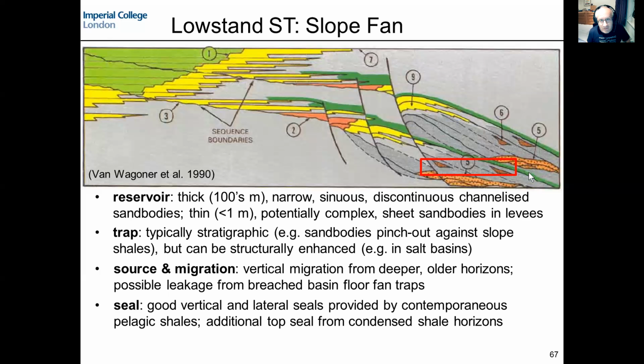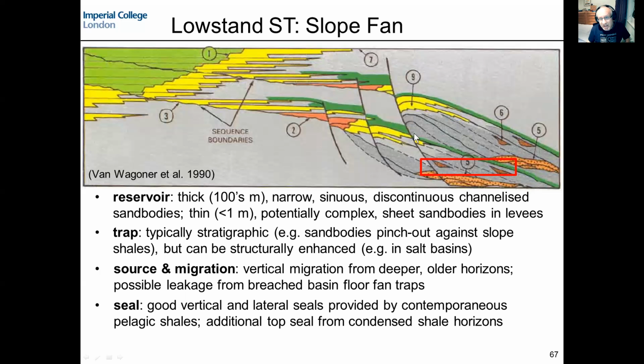The source rock, well, again, we're thinking really about source rocks being in older, deeper sections and then migration vertically up into these units. There's also the potential for condensed mudstones, these dark green colors, to have source potential if we have lateral migration.